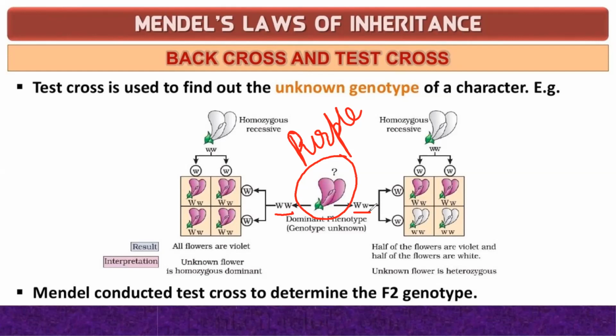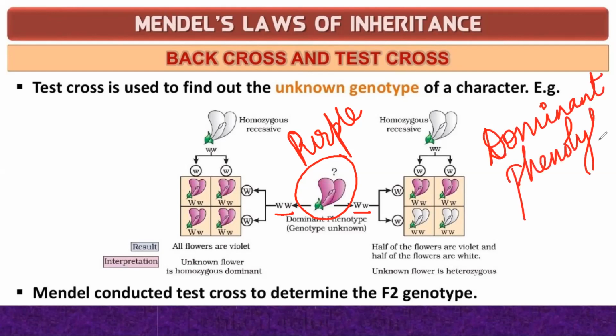So in a test cross, always choose the dominant phenotype. It is always crossed, remember, with a homozygous recessive.